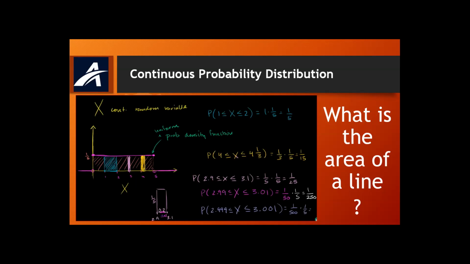Let's draw a horizontal line. And we have a continuous random variable x.